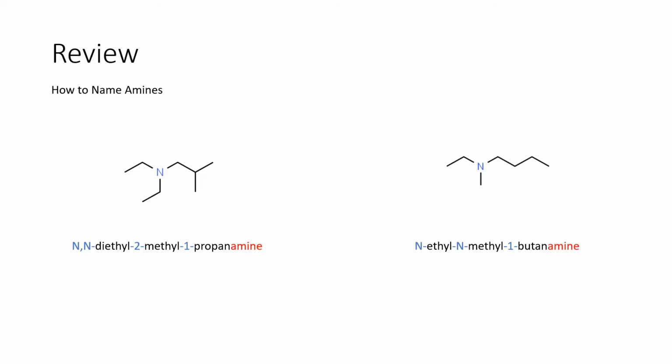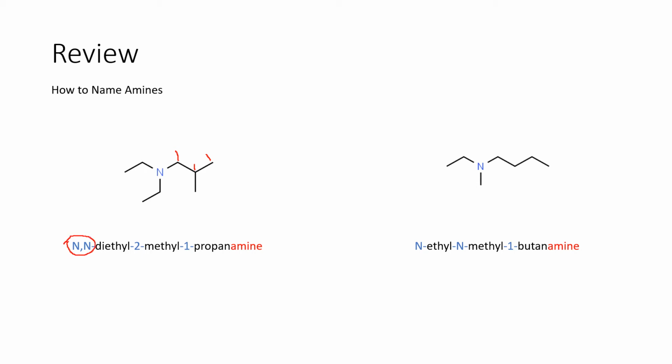I will now be going more in depth on how to properly name amines. First, you want to identify the parent chain. In the first example, this would be a propane. So it's a 3 carbon chain right here, 1, 2, 3. You then want to name the side chains starting with N's.